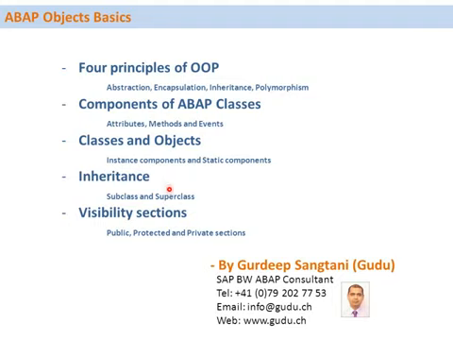We have seen inheritance and how we can derive one class from another. We have seen the visibility sections. These are public, protected and private sections in an ABAP class. With this, we conclude the session of ABAP Objects Basics. Thank you very much.